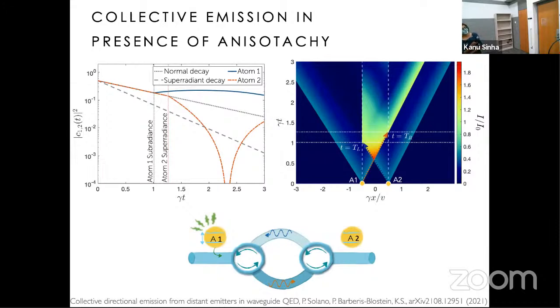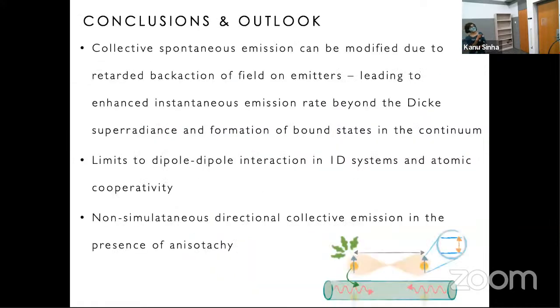All right, so with that, I would conclude. So like we've seen, collective spontaneous emission can be interestingly modified in the presence of time delayed feedback, and one can have interesting modifications to collective emission beyond Dicke superradiance, and you can also see formation of these bound states in the continuum in such systems.